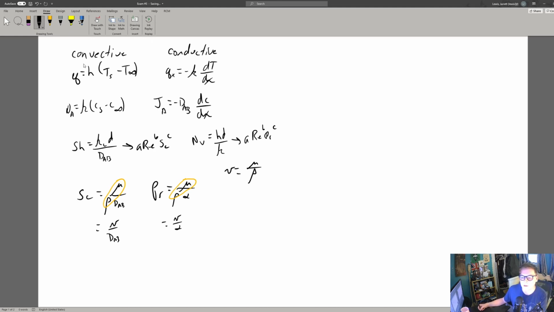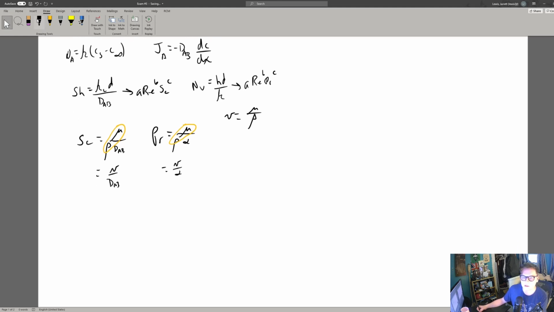Okay, so now what we're going to do is take the Nusselt number and divide it by the Sherwood number. So I'll just write them out real fast. We have the heat transfer coefficient times the diameter divided by the conductivity, all divided by the mass transfer coefficient times the diameter divided by the mass diffusivity.